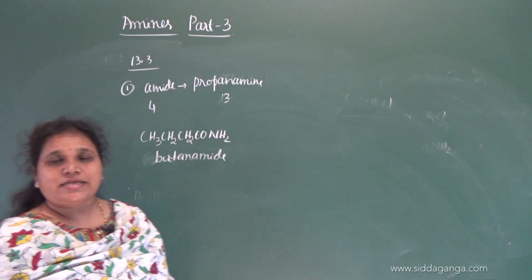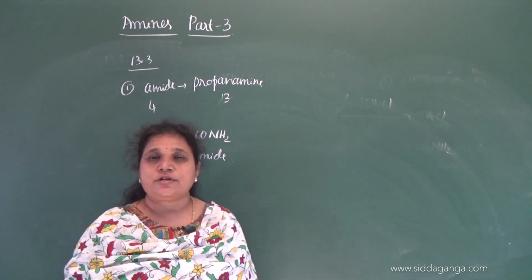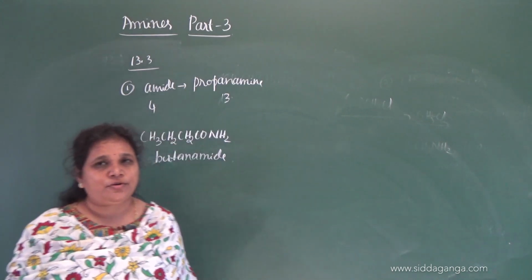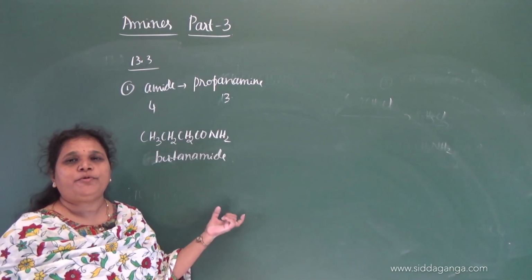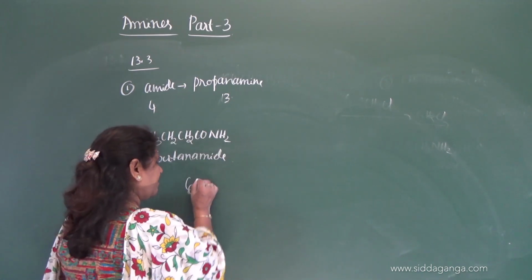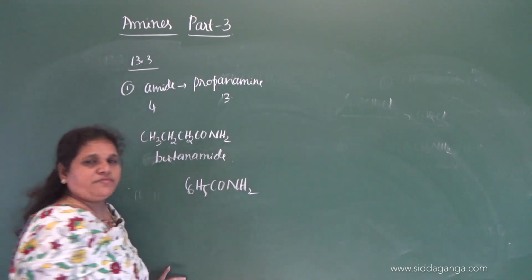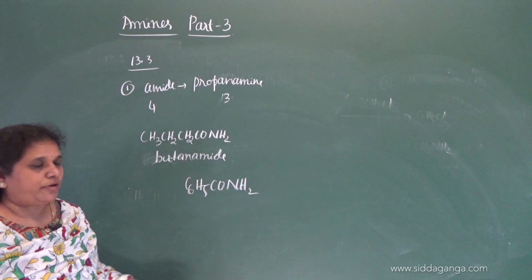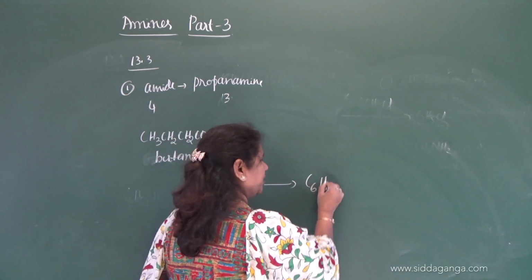Now what is the second question? What is the amine produced when benzamide undergoes Hofmann bromamide degradation reaction? I have already given this in an example. You remove CO and what you get?